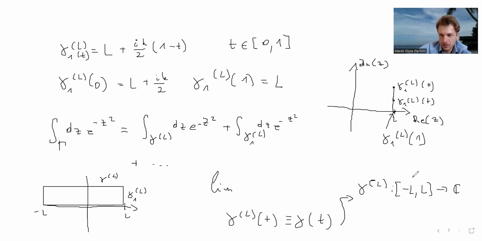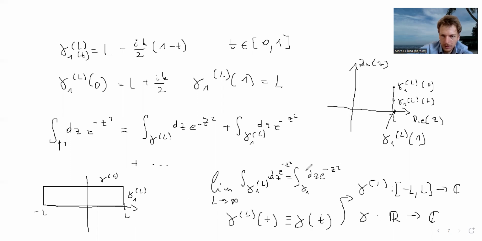So it's a path where the parameter t ranges from minus L to L, and gamma was just unrestricted. So it's clear that they converge onto each other. So now if this L is pushed towards infinity, we see that the limit as L goes to infinity of the integral over gamma 1 dz is what I defined previously as the integral over gamma 1 dz e^(-z^2), and then this one is 0.